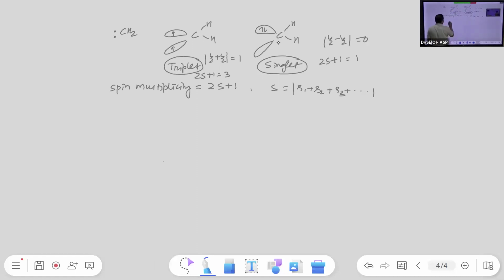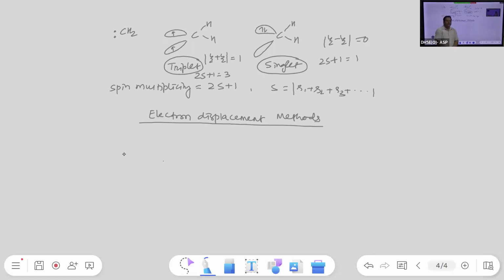Then, electron displacement methods. That means, as you know, in carbon, how many atoms can be bonded? It can be up to thousands of atoms in the case of polymers.